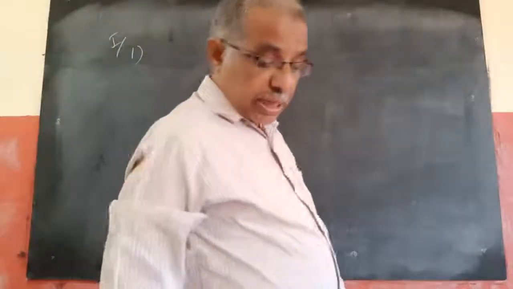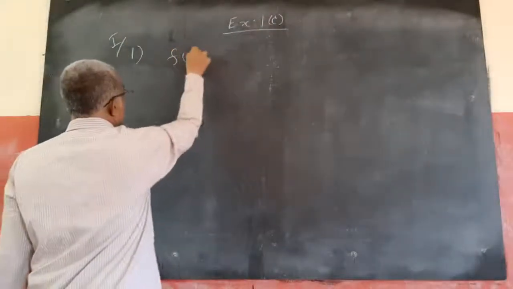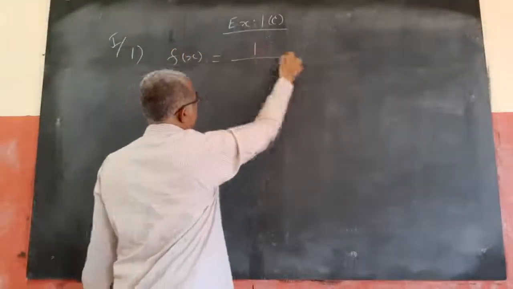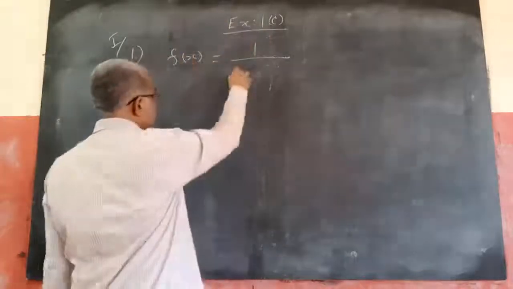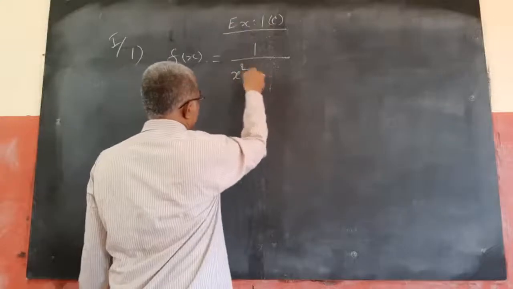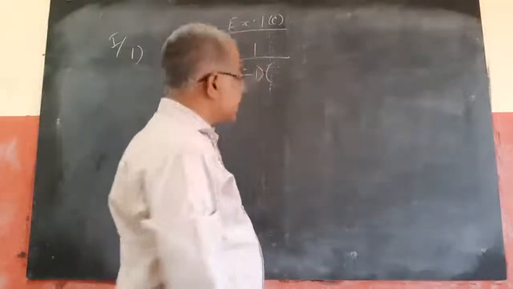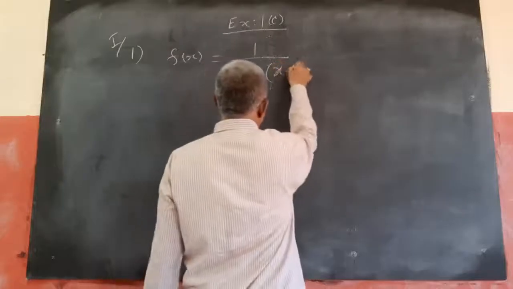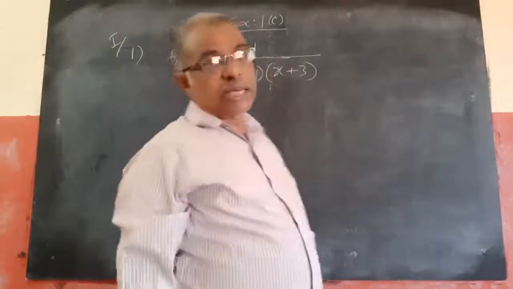First function, f of x equal to 1 by (x square minus 1) into (x plus 3).